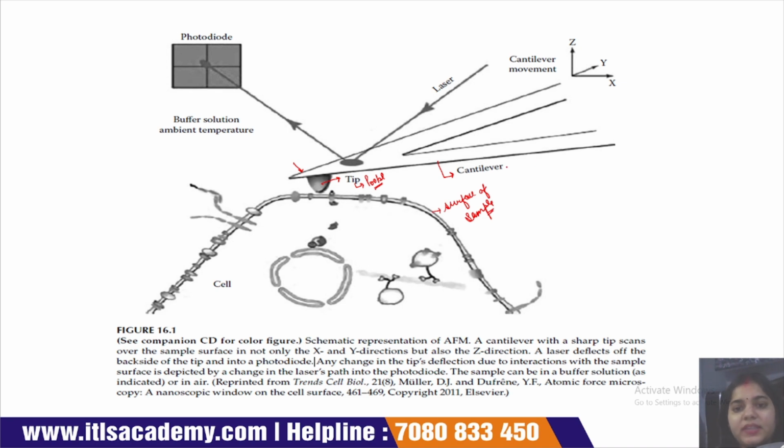This cantilever is flexible, and this cantilever and probe tip have the capability to measure the image through minute force. If there is a minute force, then this tip and cantilever can easily perform their activity.